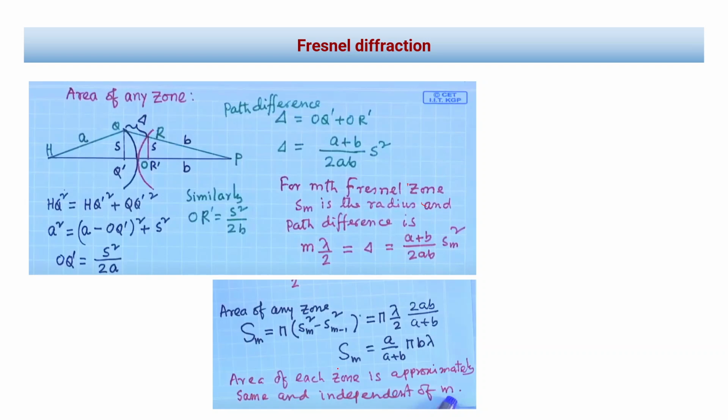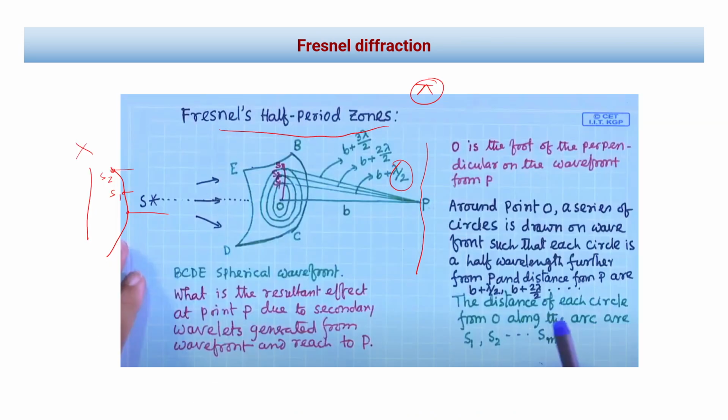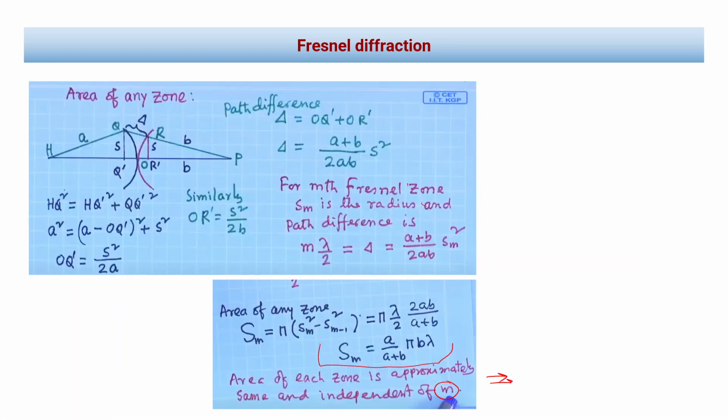We derive the area of each zone, which is approximately the same and independent of which mth zone we are talking about. And what amplitude will we finally get at the point P on the screen?